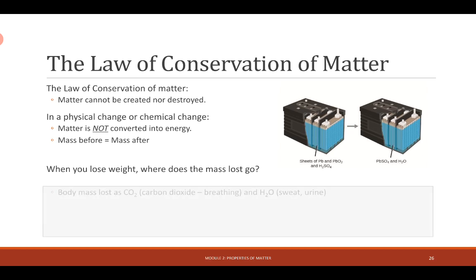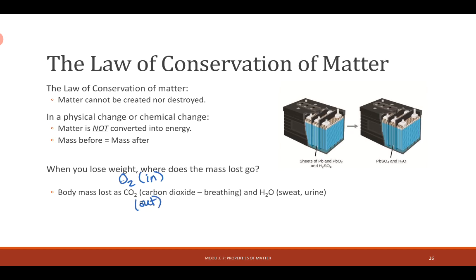Well, when we lose body mass, we are losing body mass through carbon dioxide breathing because we breathe in O2 and CO2 is breathed out. That's an additional carbon atom tacked on to that molecule. So every breath we are losing mass through carbon atoms.